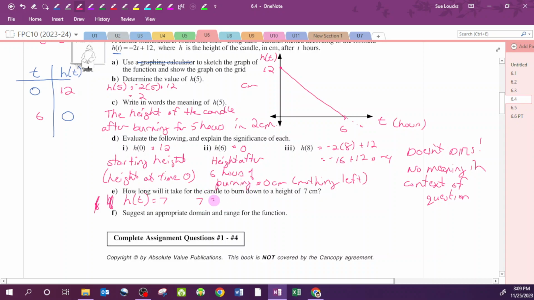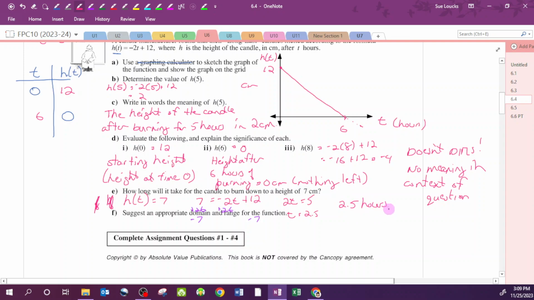So 7 equals minus 2t plus 12, and I'll show you the algebra here. I go plus 2t and plus 2t, and I also go minus 7 and minus 7. I end up with 2t equals 5, so t equals 2.5. So the answer is 2.5 hours.